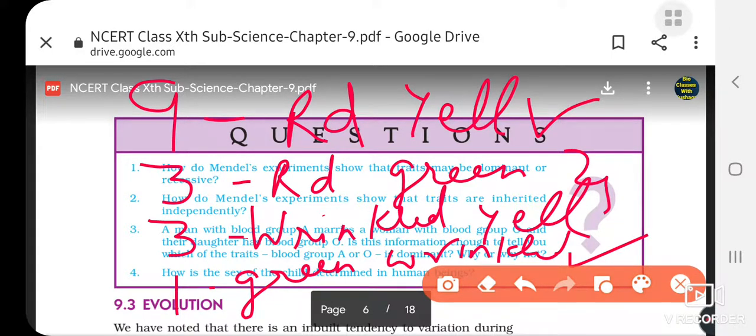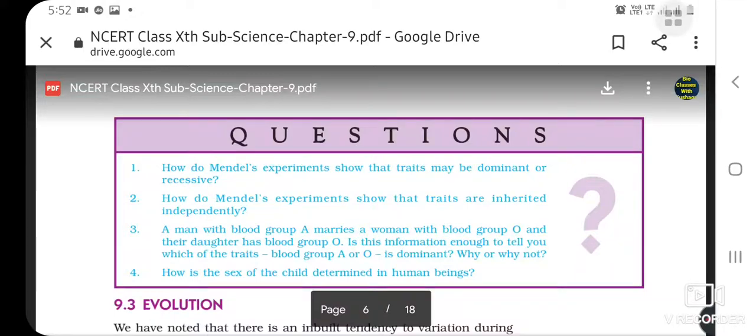He said that a pair of alternating or contrasting characters behaves independently of the other pair. That is, seed color is independent of seed shape or seed coat. This is known as the law of independent assortment. So this is answer number 2, where Mendel's experiment showed that traits are inherited independently.